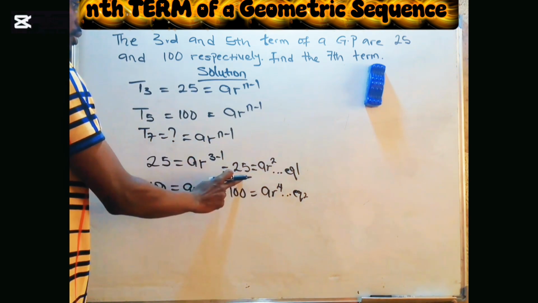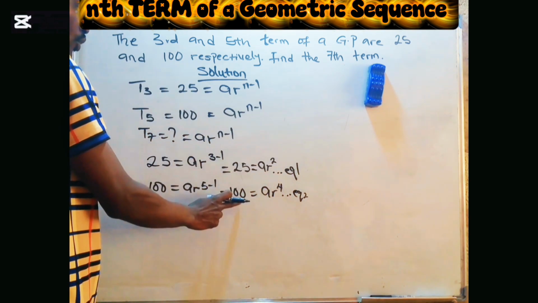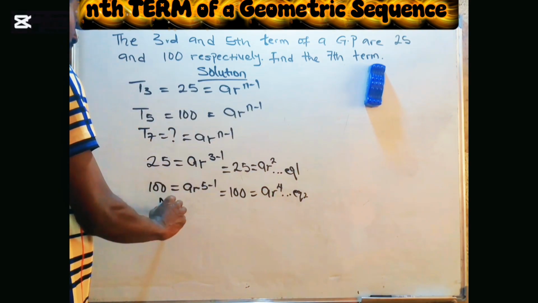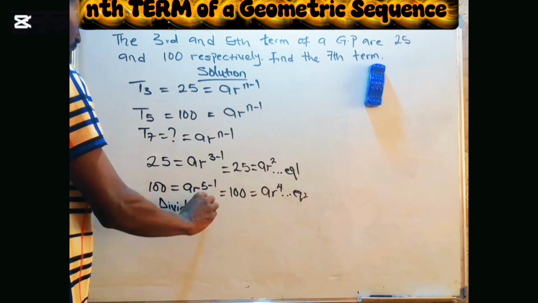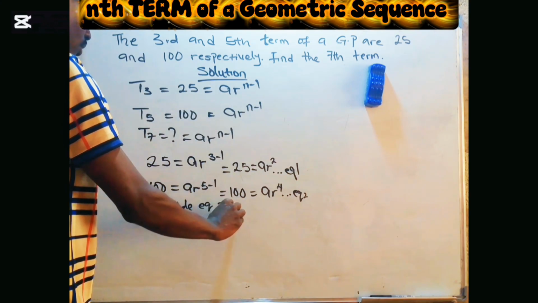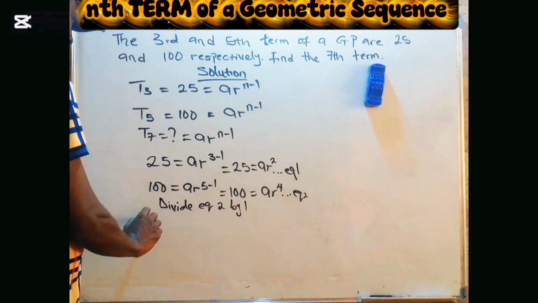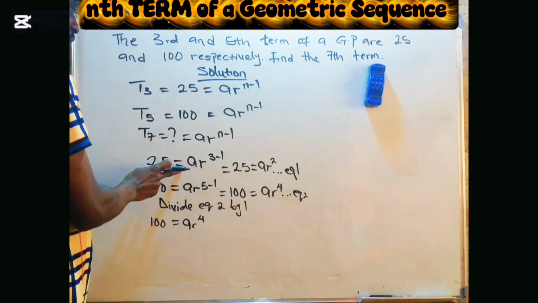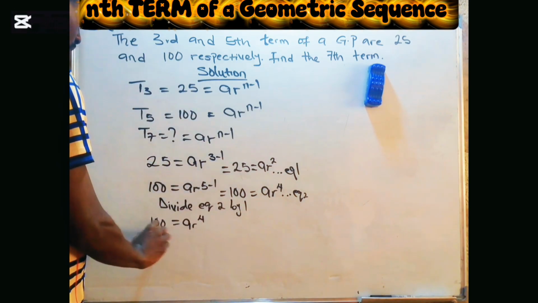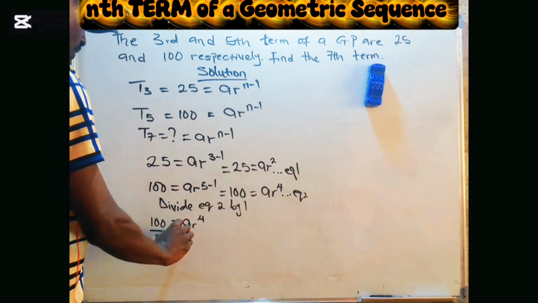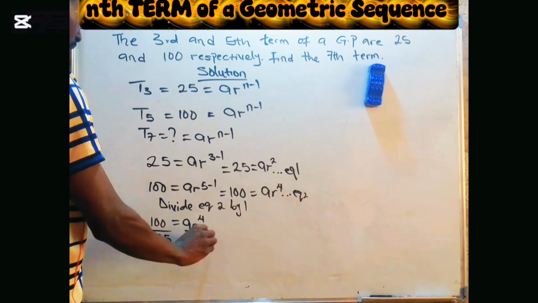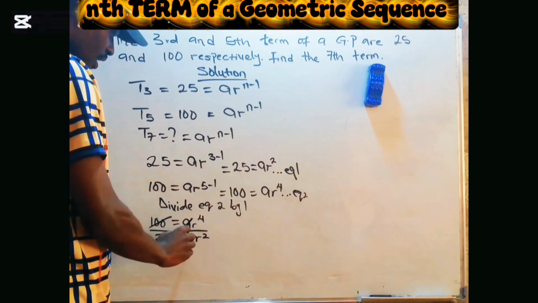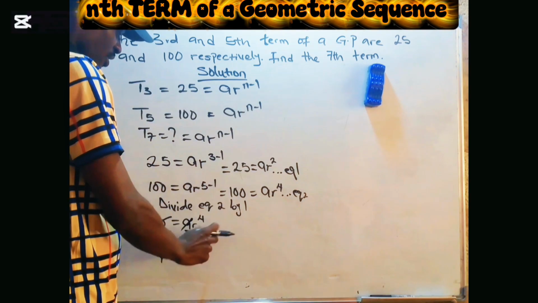We have equation 1, 25 equals AR squared. Equation 2, 100 equals AR raised to the power 4. Now let's divide equation 2 by equation 1. 100 equals AR to the 4 divided by 25 equals AR squared gives 4 equals, cancel A, R raised to the power 4 divided by R raised to the power 2.